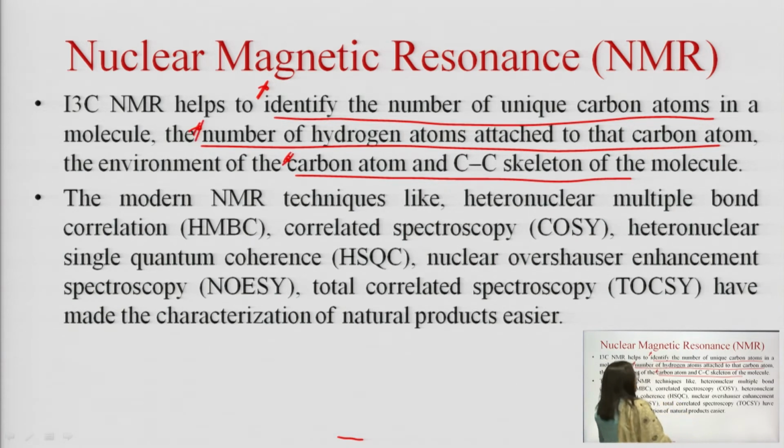Modern NMR techniques are also available presently. They are heteronuclear multiple bond correlation NMR, that is HMBC. Then we have correlated spectroscopy, also termed COSY. Then we have heteronuclear single quantum coherence, that is HSQC.